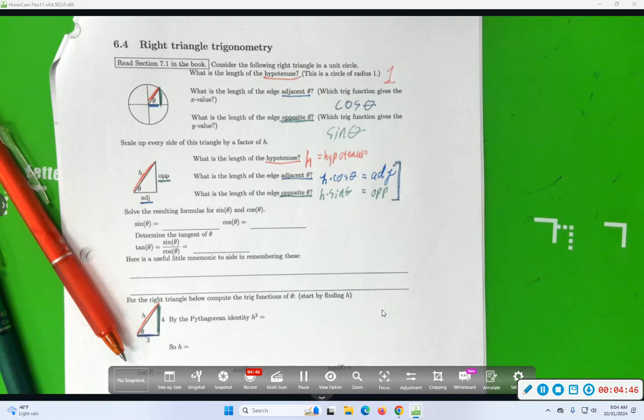So by looking at the second equation, as a consequence of that, what is sine of theta? I see an h multiplied by sine theta, so it looks like I need to divide by it.